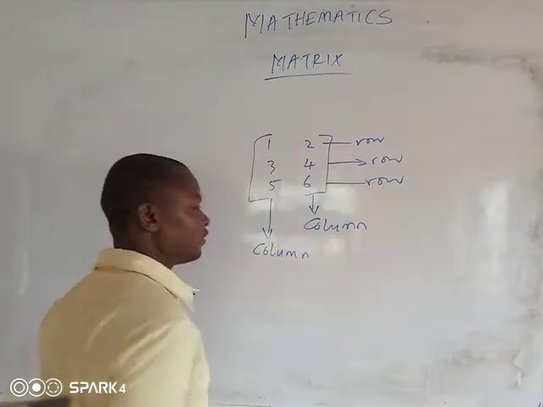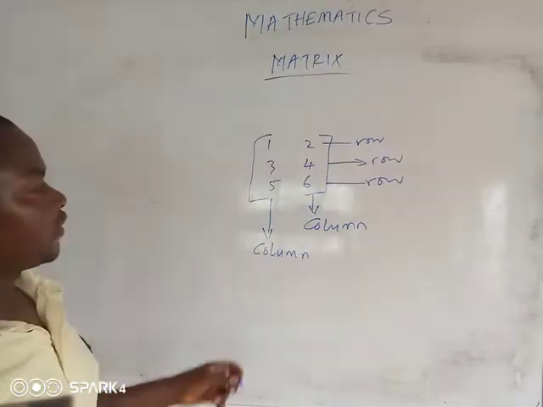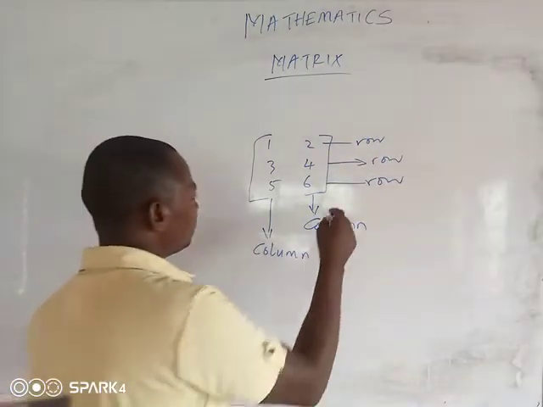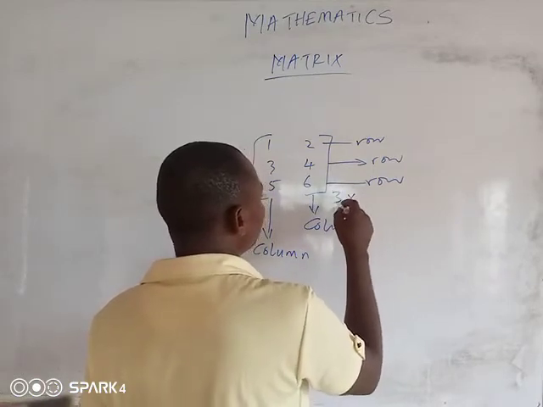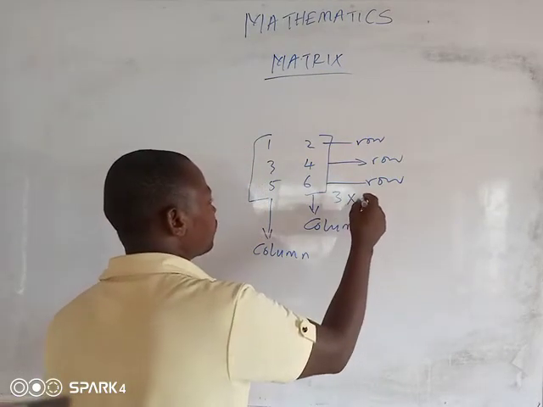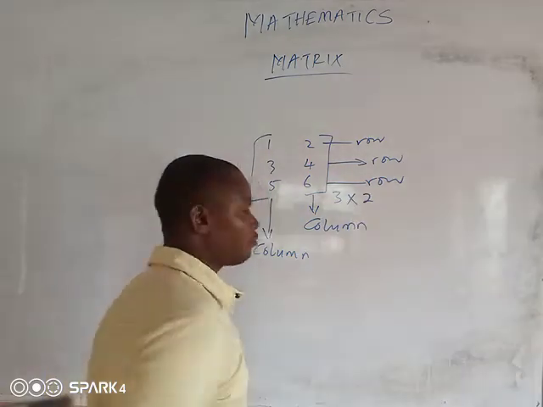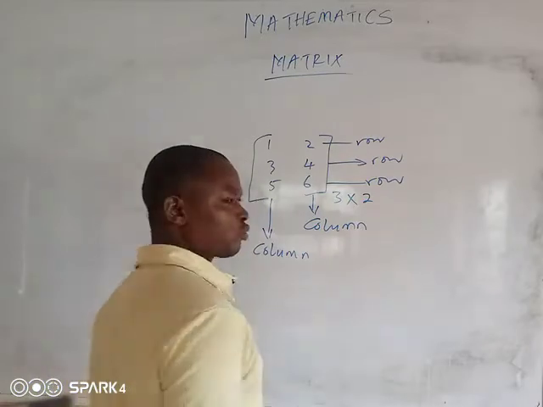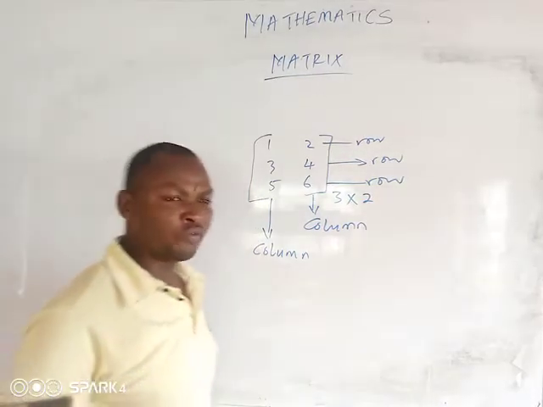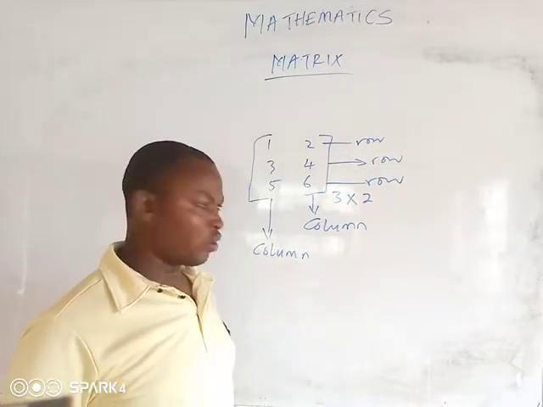So this is 3 rows and 2 columns. So we call this a 3 by 2 matrix. 3 by 2. So we pronounce the row first before the column.